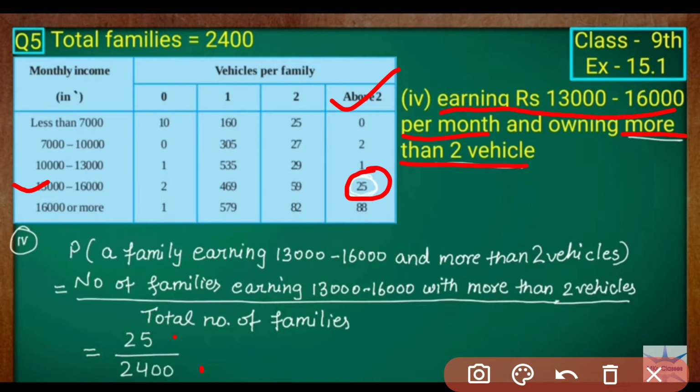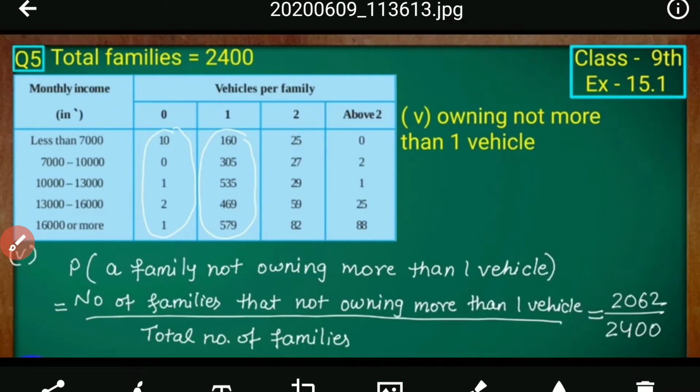This is reduced by dividing by 25. 2400 divided by 25 gives us 96. So when we divide both terms by 25, 1 upon 96 will be your probability for the fourth condition. Let's check another, condition number 5.